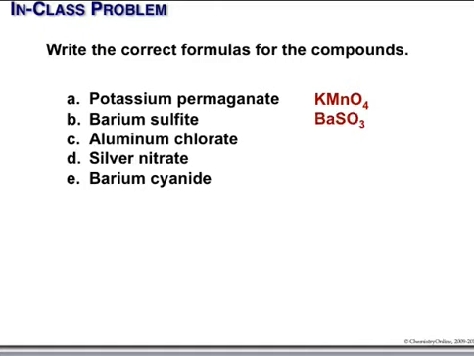Aluminum chlorate. It's a chlor-, so we know it's the parent, right? Chlorate, perchlorate, chlorite, hypochlorite, all are going to be -1.